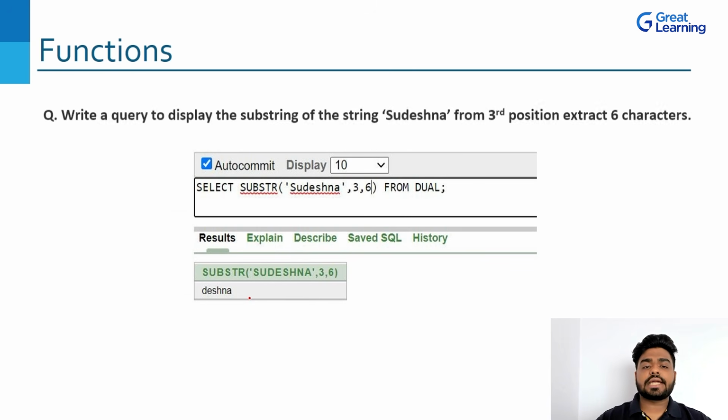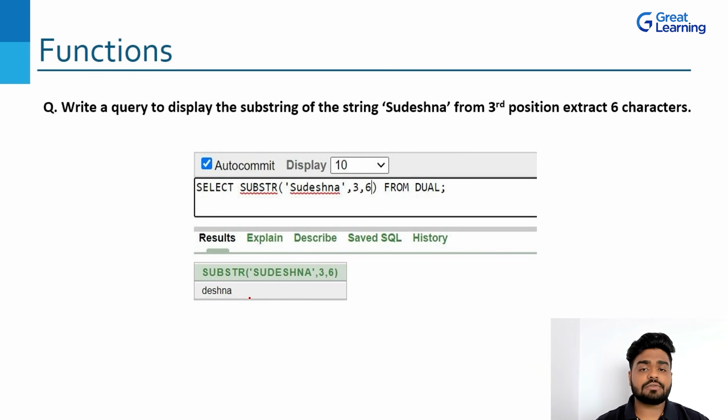The next function: write a query to display the substring of the string Sudeshna from the third position, extract 6 characters. Understand this question very clearly. There is a lot of information given and you should be able to use all of it when writing the query. We have the string Sudeshna, and from the third position it wants to extract 6 characters.